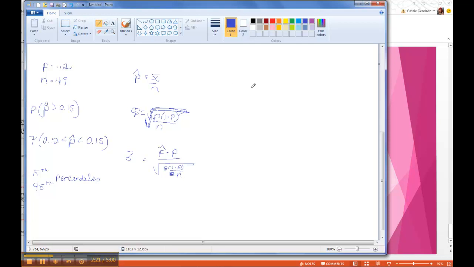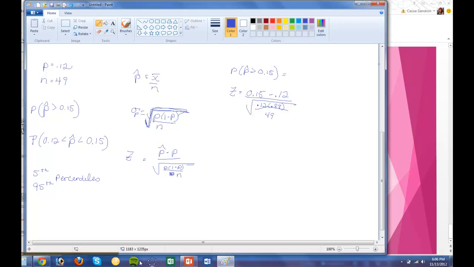So first things first, I need to find the probability that my p hat is greater than 15%. So I would use a z-score. The z is equal to my p hat minus my p, which is 0.12, over this funky formula of the square root of 0.12 times 0.88, because that's 1 minus 0.12, over our sample size of 49.